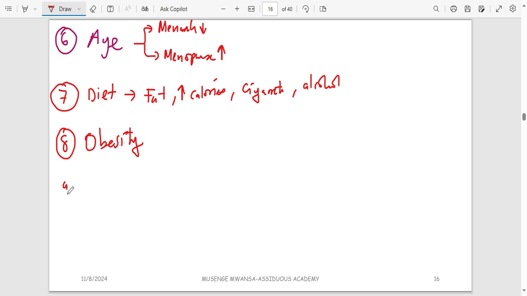Okay. And then number nine, any other risk factor? Okay, another factor is reduction in breastfeeding.